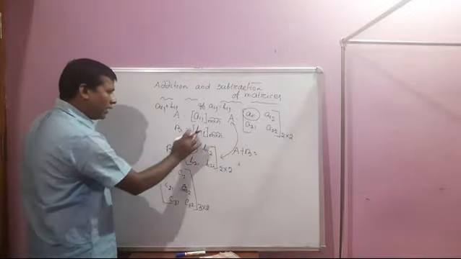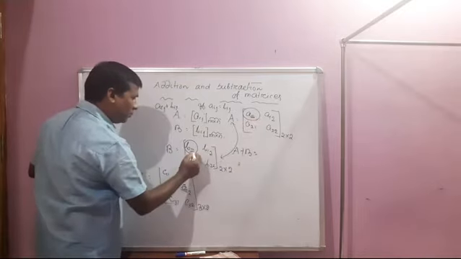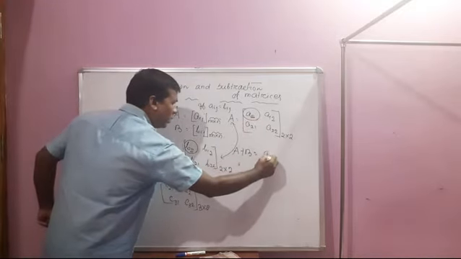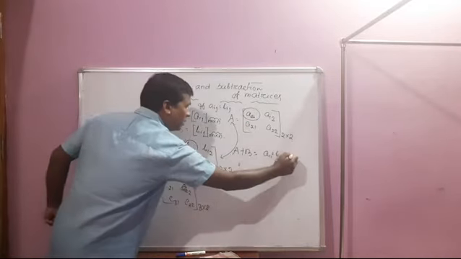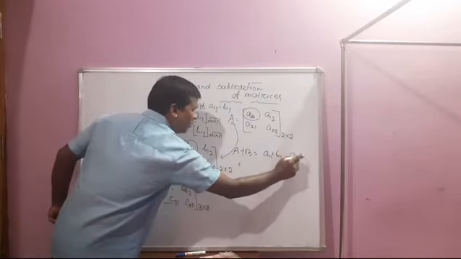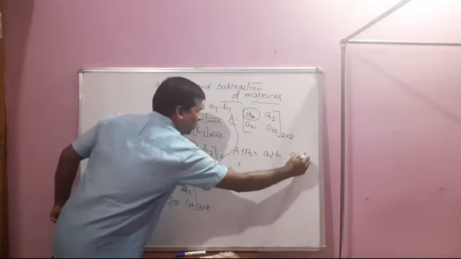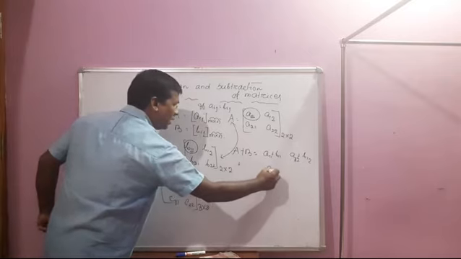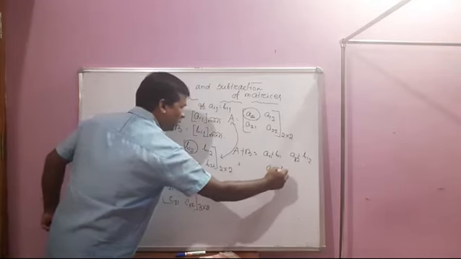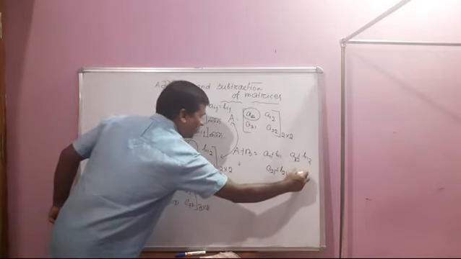So when A is added with B, A11 plus B11, then A12 plus B12, then A21 plus B21, then A22 plus B22.